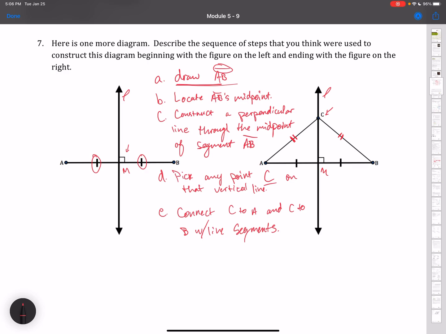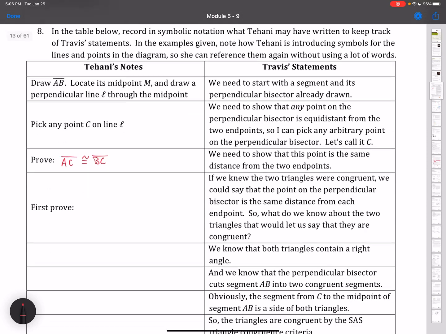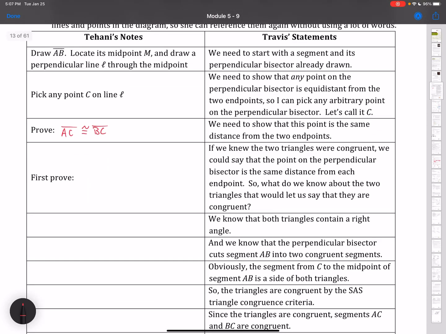So I'm looking to see that triangle ACM is congruent to triangle BCM with order preserved, right? That order matters. So what I'm looking at is I need to first prove that triangle ACM is congruent to triangle BCM. Okay, so that's what I need to prove first.